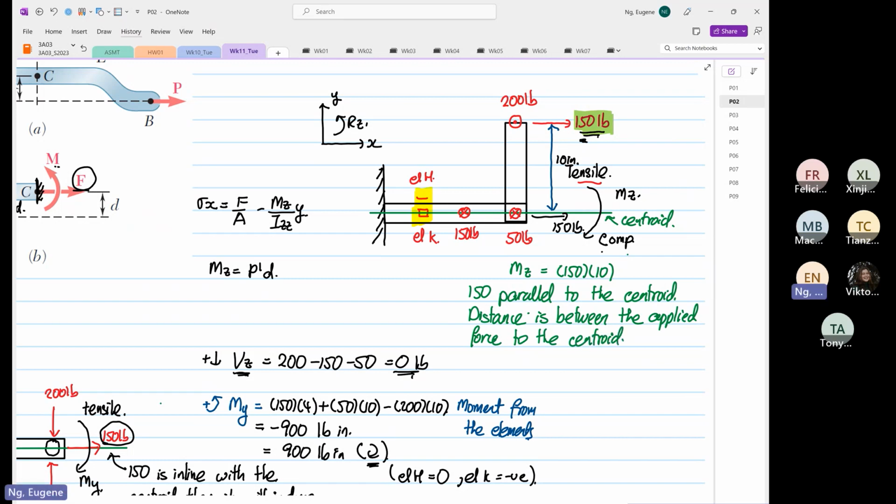You can see where the 150 is parallel to the centroid. The perpendicular distance is between the applied force to the centroid, okay?